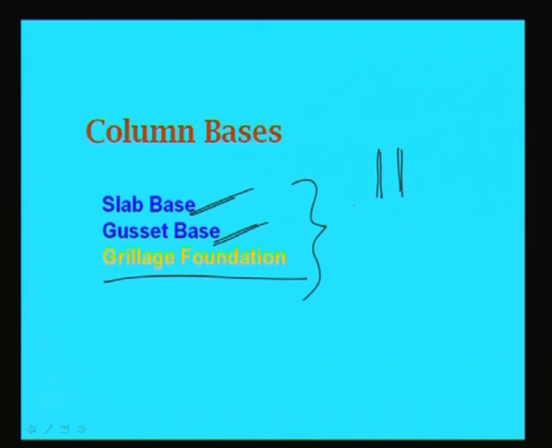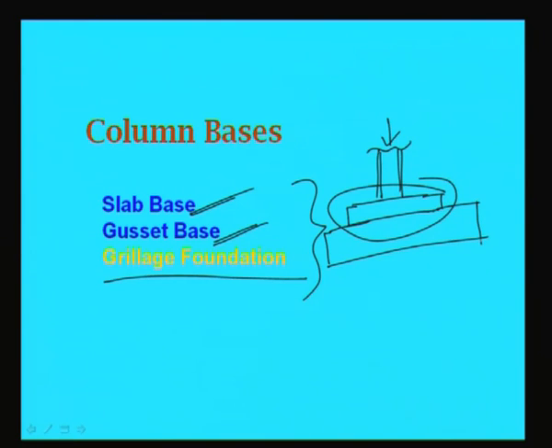This column is resting on a base plate, some thick plate we are going to put to disperse the concentrated load into this area. Then after that we put a bigger area of concrete base, a concrete block.